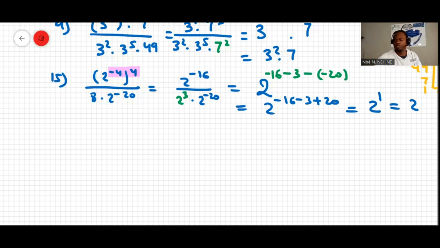Someone could also move this to the numerator, but it's going to end up the same thing. I believe this is the quickest way of solving this without manipulating this expression a lot.